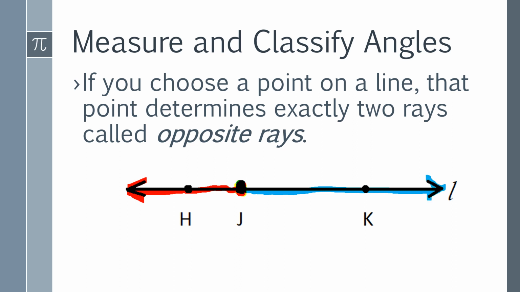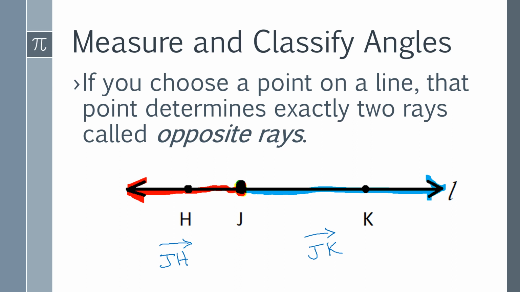The way we would name these two rays, on this side that would be ray JH. Over here, this would be ray JK.